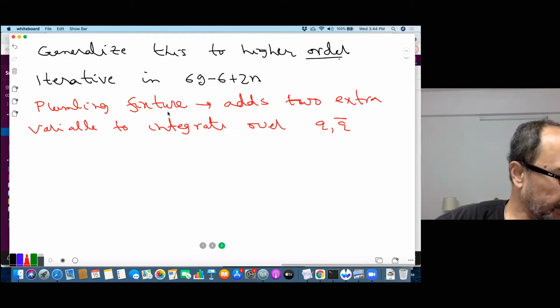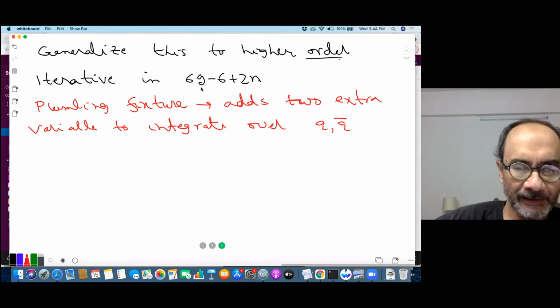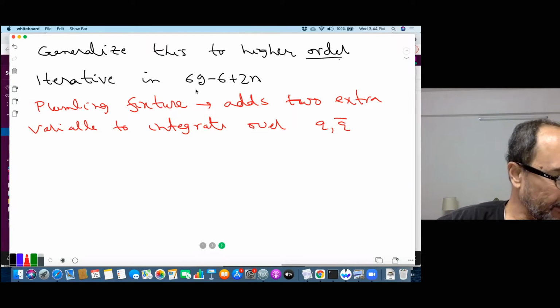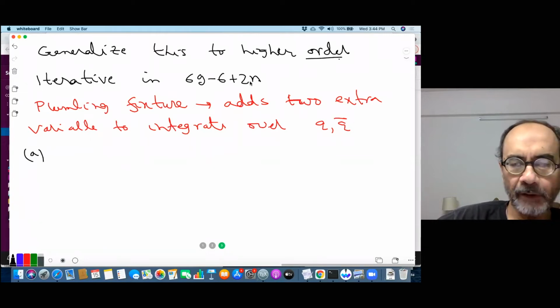But instead of doing those explicitly, I'll now state the general philosophy. How do we do this? The way we proceed is that we pick some value of 6g minus 6 plus 2n, some value of g and n.